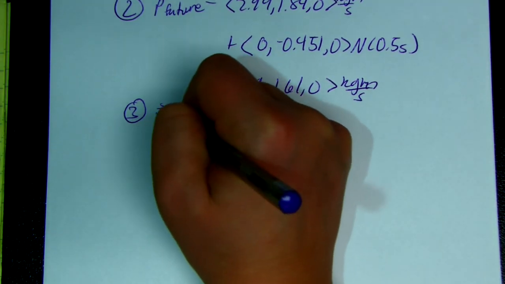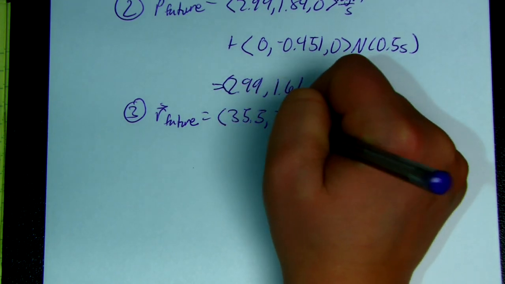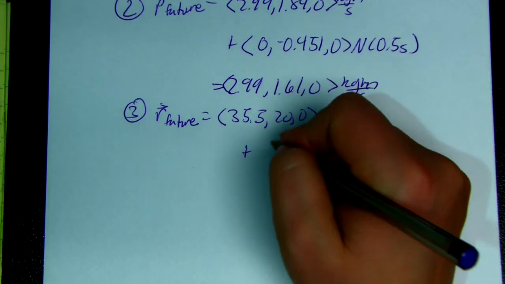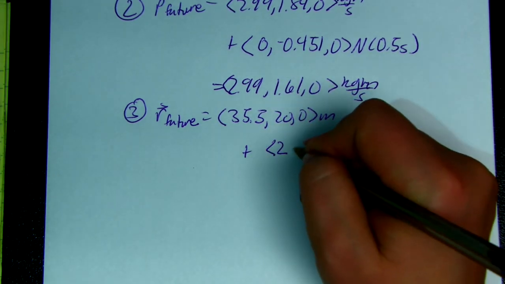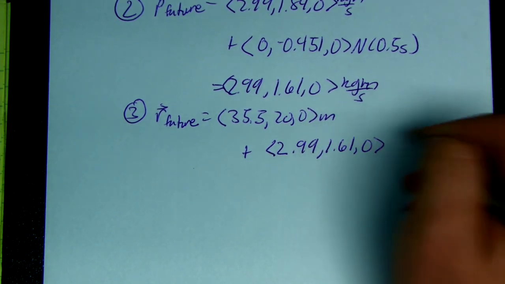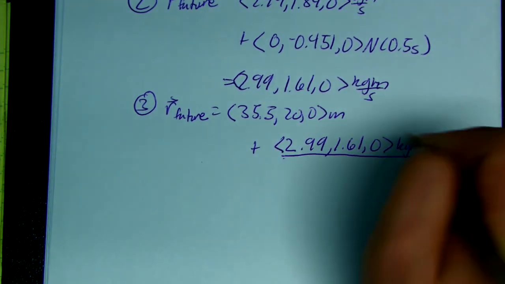So r future is equal to <32.5, 320, 0> meters plus, and now we're going to embed the V average calculation in the expression. It doesn't matter what you do. Do what keeps you most accurate.